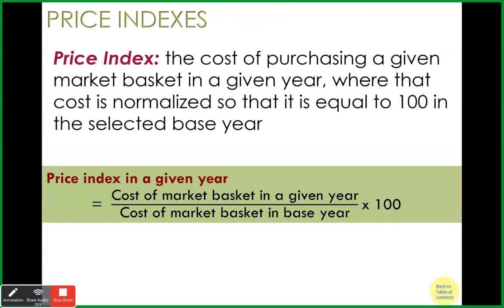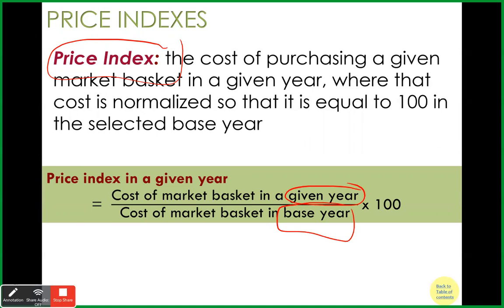And the mathematical formula: the price change usually starts with the price index. What is the price index? The cost of the market basket in a given year versus the cost of the market basket in the base year.